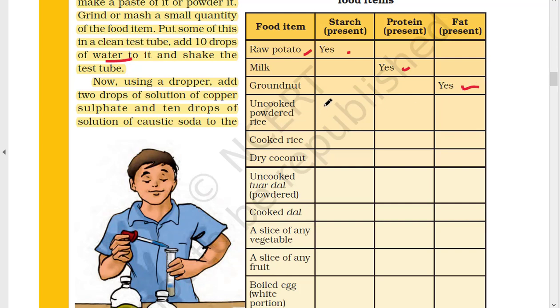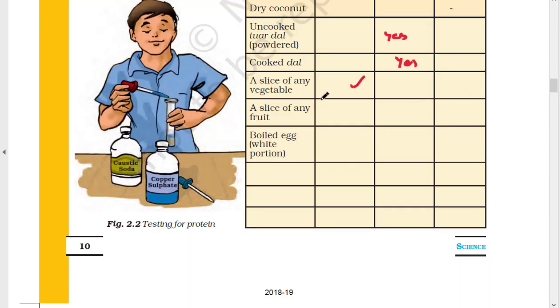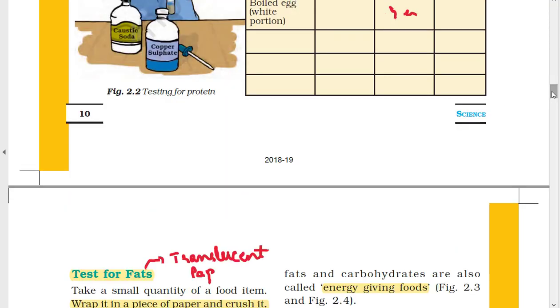Rice again there will be starch, cooked rice may be starch, dry coconut, these are fats basically. Then we have pulses, so in pulses the proteins will be more. Again dal, proteins will be more. In vegetables the carbohydrates will be more. Vegetables and fruits also have quite a lot of vitamins and minerals, so carbohydrates will also be there. In boiled egg the white portion again will be proteins. So these are different types of food, and the dominant form of the nutrient present in it.